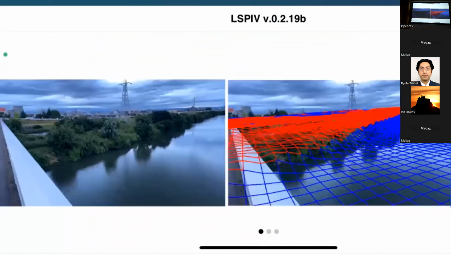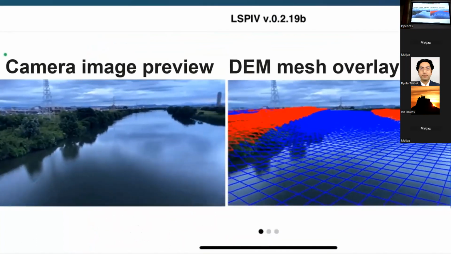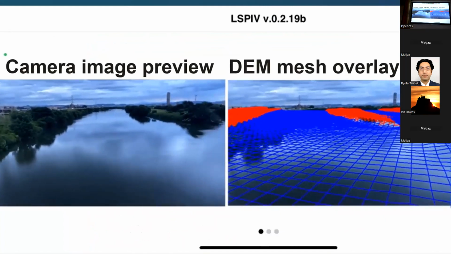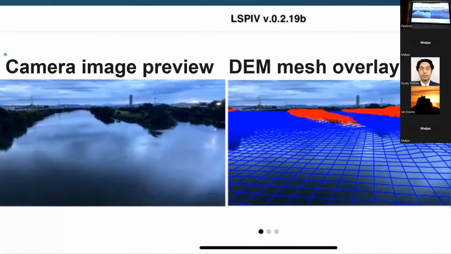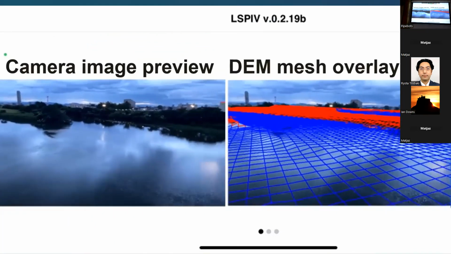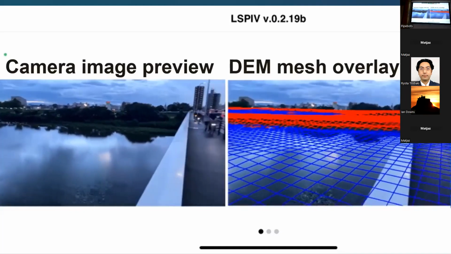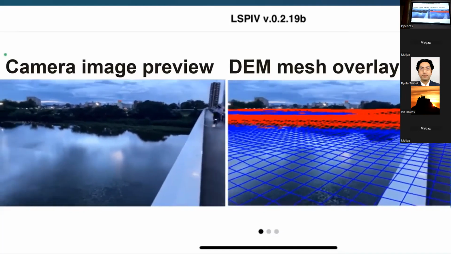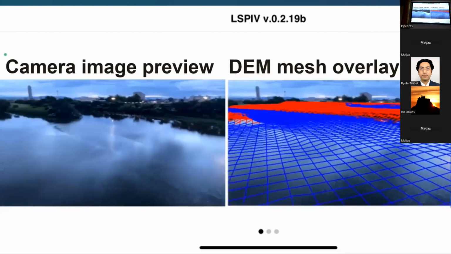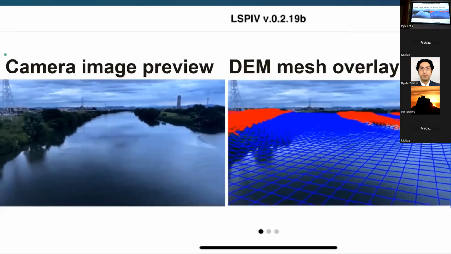Using this app, this is the first screen, downloading the DEM. Now the screen shows the camera image preview at the left-hand side and the DEM mesh overlay at the right-hand side. The DEM has been downloaded from the internet and overlaid on the camera image using the positioning sensor of the device. So the camera of the device is directed to the river surface from the bridge.